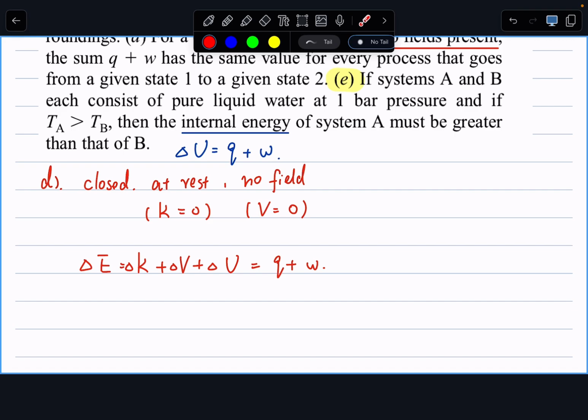We know that the temperature of system A is larger than the temperature of system B, given they're the same substance. However, we have no means to determine how the work changes when we're mixing these two systems together. We do not have enough information. So that tells us we have no means to say that delta U must be a greater number for system A.